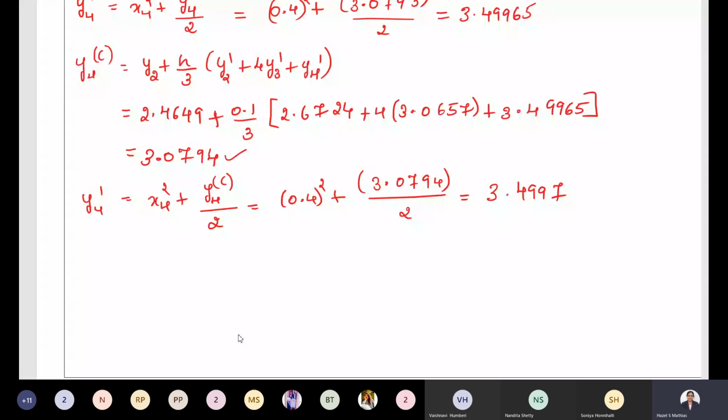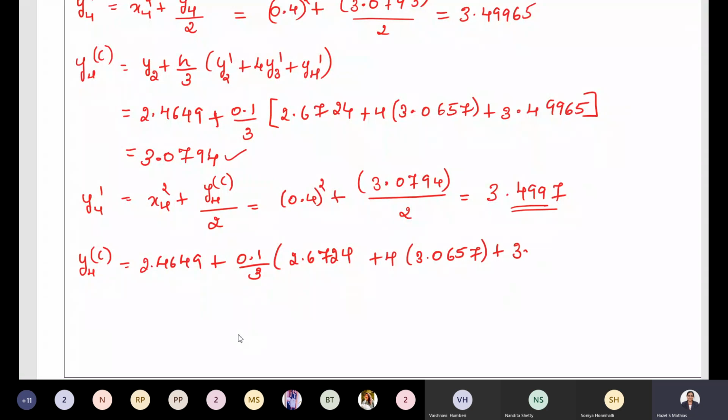Everybody got it? Yes. Do it. Apply the corrector formula again, those who have done it. y4 power c is y2, that is 2.4649 plus h by 3, 0.1 by 3 into y2 dash, it is 2.6724, plus 4 times 3.0657, plus last you have to replace by the answer you got, that is y4 dash. 4 times y3 dash plus y4 dash.